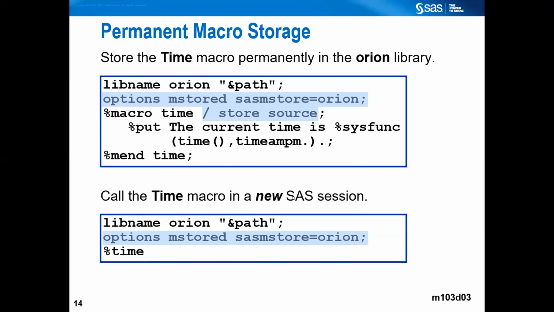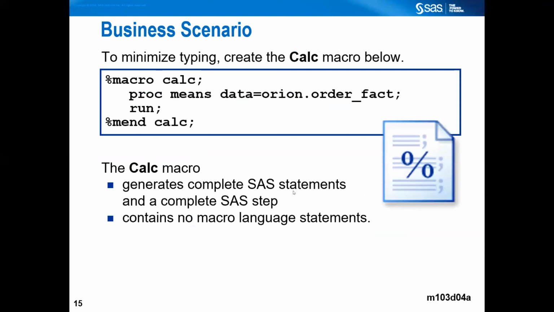Okay, so we did this. Now let's understand a business scenario. In our earlier demo, it was simple. Your %put statement showed you the information in the log. It's your macro statement. Now we'll see the example of SAS statements. This is the business scenario. It says to minimize typing, create a macro named calc. It consists of a simple SAS program: proc means data=orion.orderfact; run.